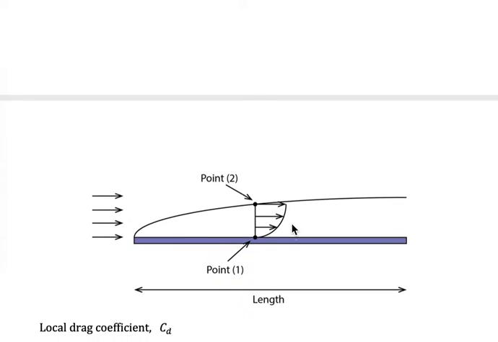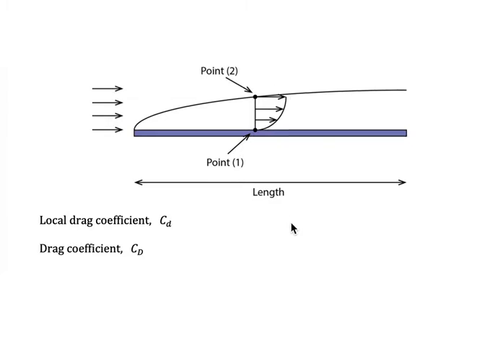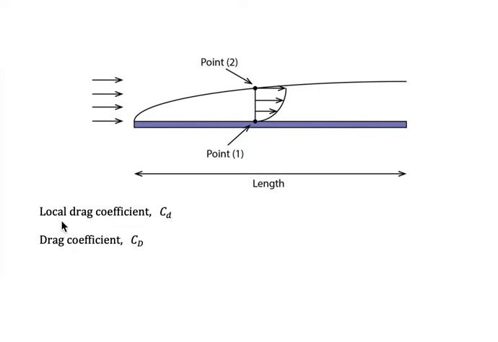Next, we are going to calculate these two items, local drag coefficient and drag coefficient. Local drag coefficient is usually symbolized as C subscript small d, and drag coefficient is C subscript capital D. The difference is that local drag coefficient is the drag coefficient that occurs at one local point.